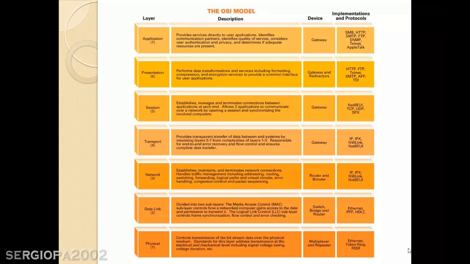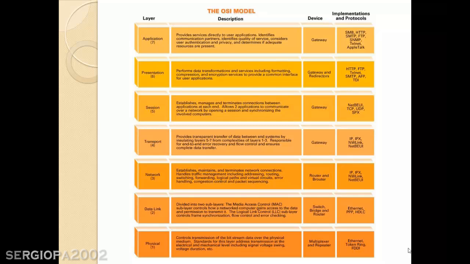The device is a gateway, and by the way, a gateway can normally be a computer or a server, and the protocols are IP, IPX, pretty much the same ones as in the network layer. So the next layer is the session layer. The session layer establishes, manages, and terminates connections between applications at each end.